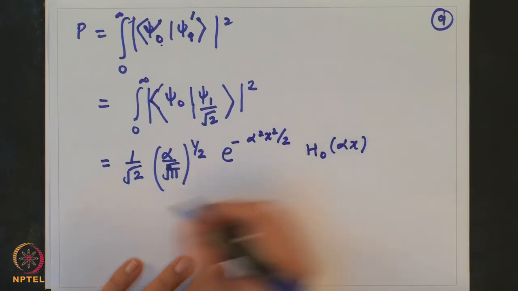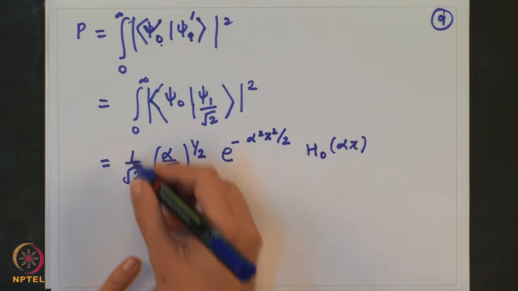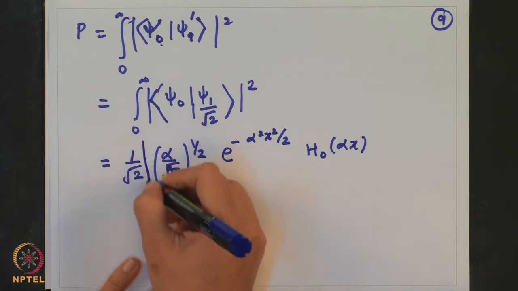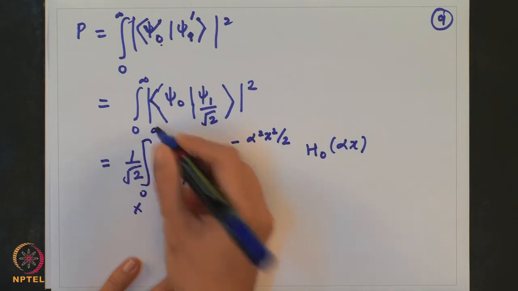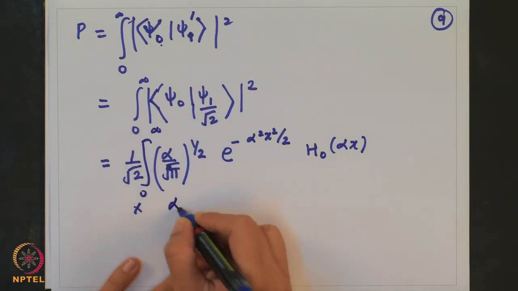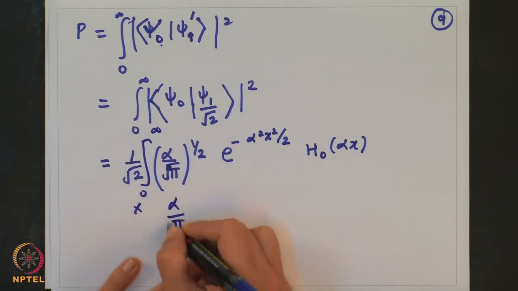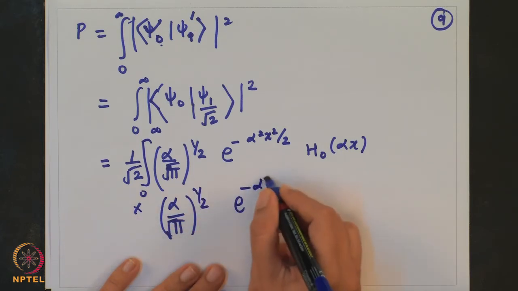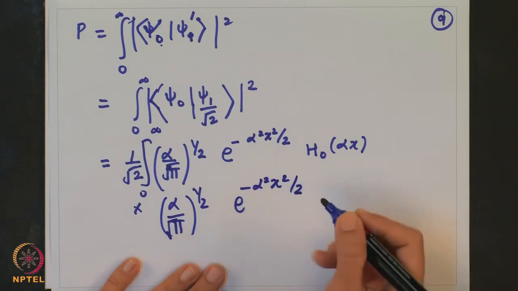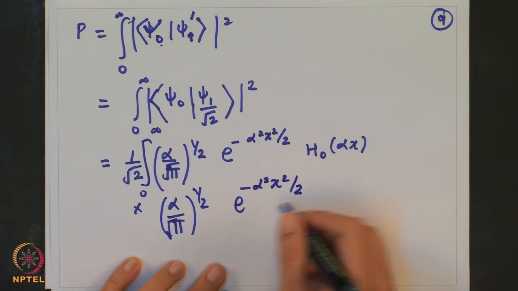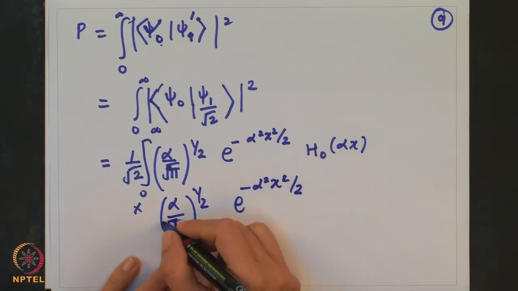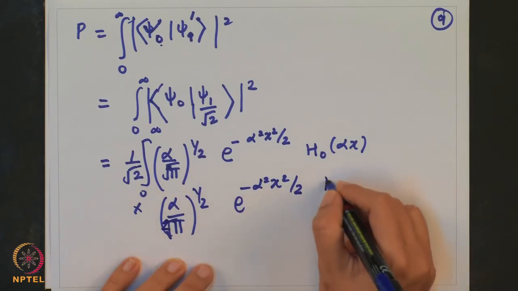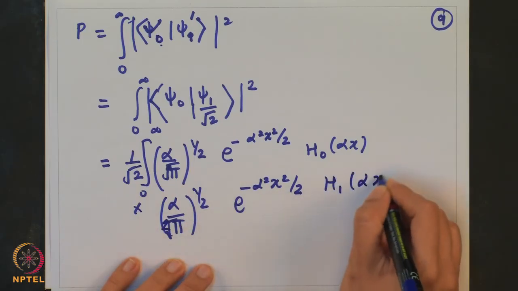So, I have multiplied by, so I have integral 0 to infinity. I will just write here alpha upon square root of pi the whole raised to half e raised to minus alpha square x square by 2, and I have a factor of 2 here, and this will be H1 alpha x.